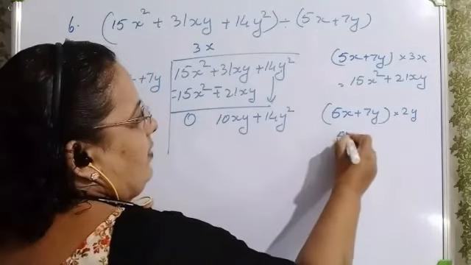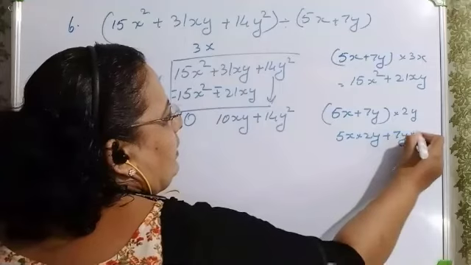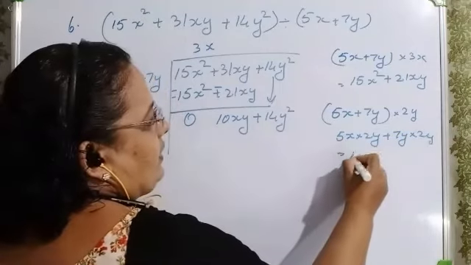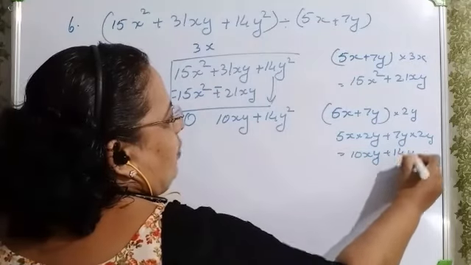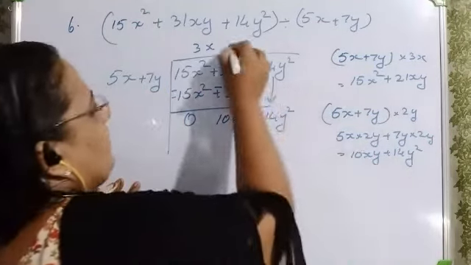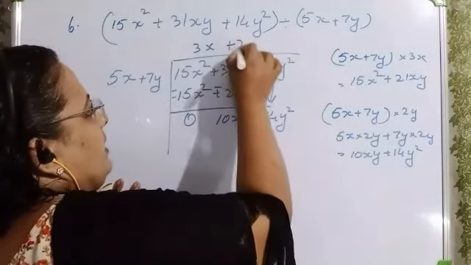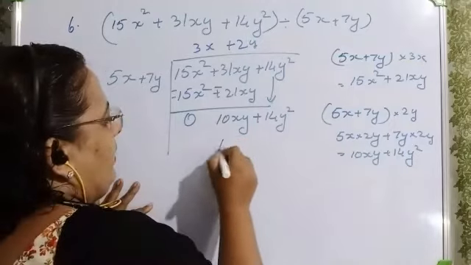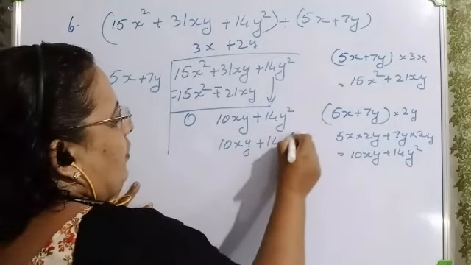See this, 5x into 2y plus 7y into 2y, that is equal to 10xy plus 14y square. So that we will write here. This 2y, there is no negative sign, so we will write plus 2y. Here we will write 10xy plus 14y square.